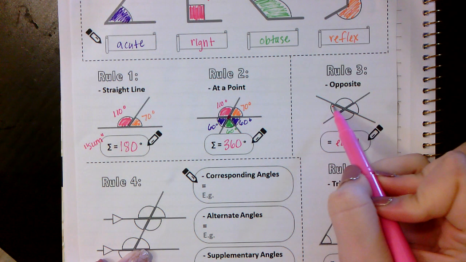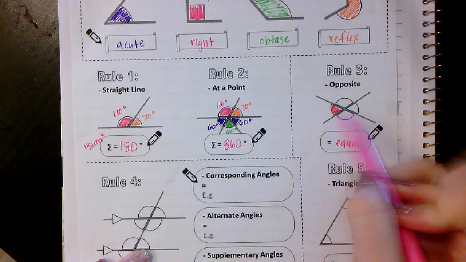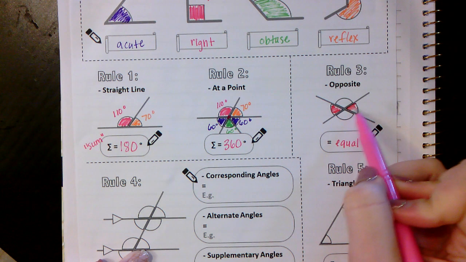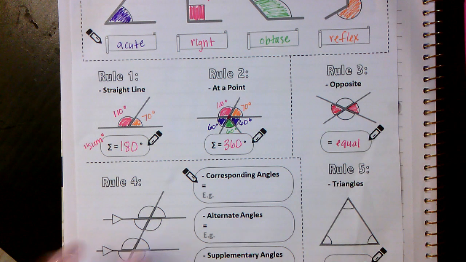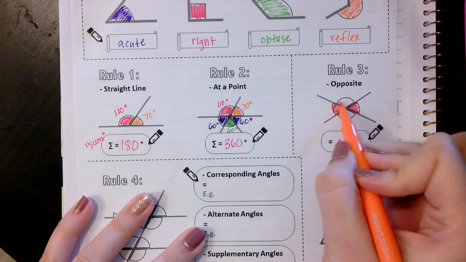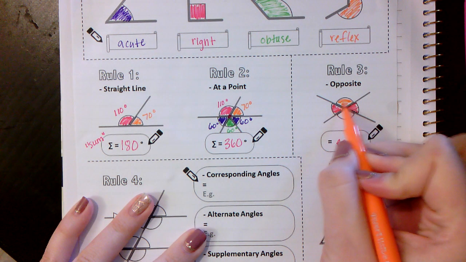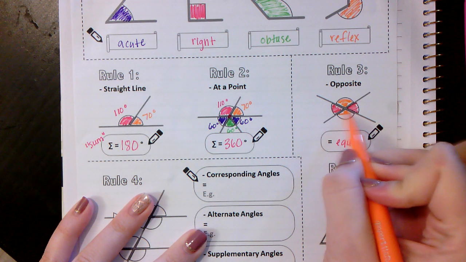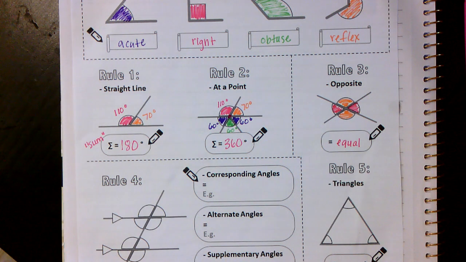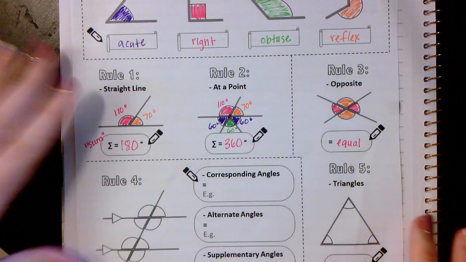So these two angles are going to equal the same thing. And these two will also be the same degrees. They're equal to each other. So when we remember those, those are fun little rules that help us find the answers a little bit quicker sometimes.